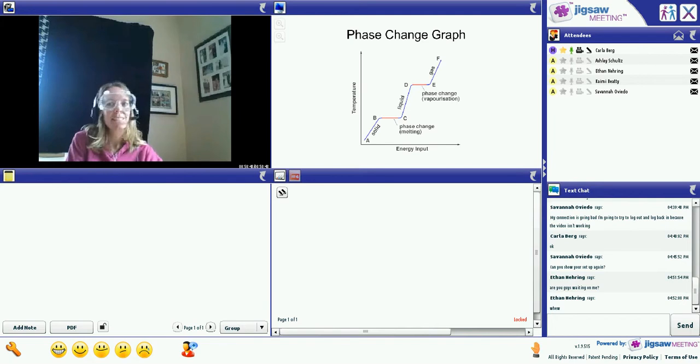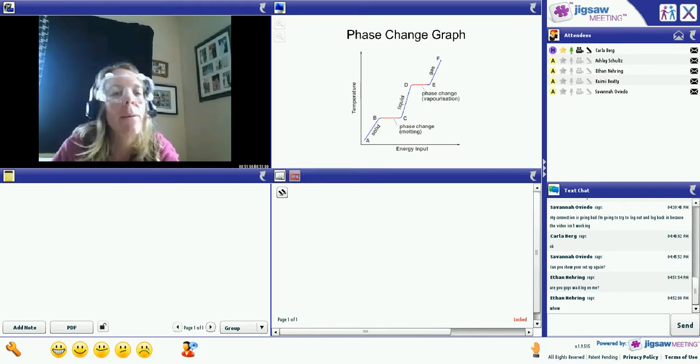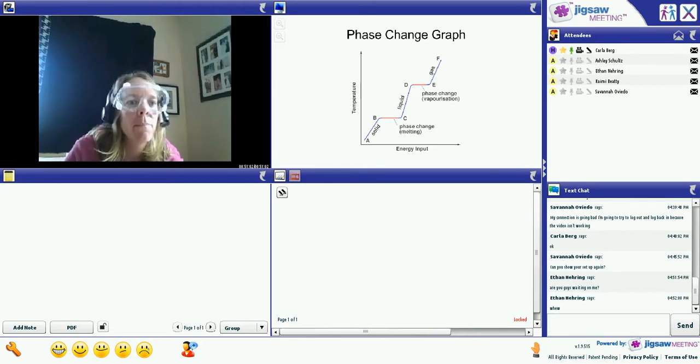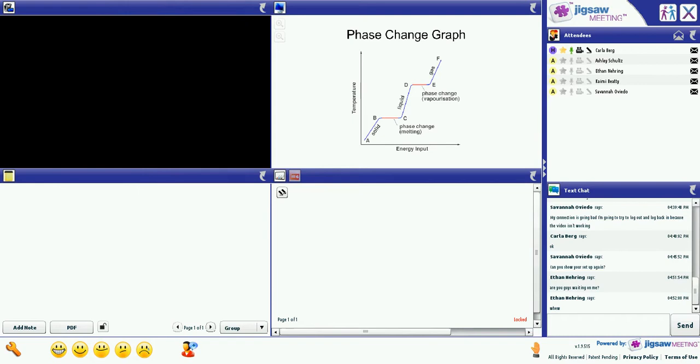Anyone want to share their camera with us? Let us see what you're doing. No? Okay, we'll go ahead and do, all right, yay! Okay, so in order to share your camera, I'm going to turn mine off.